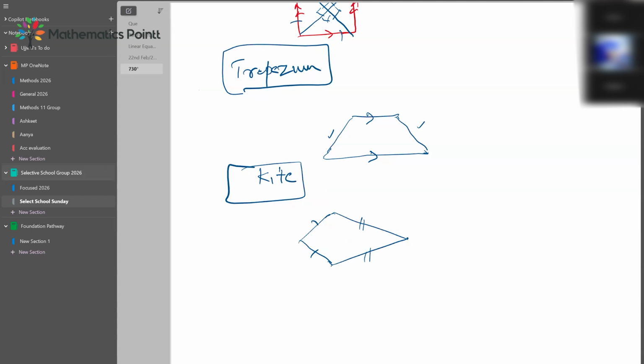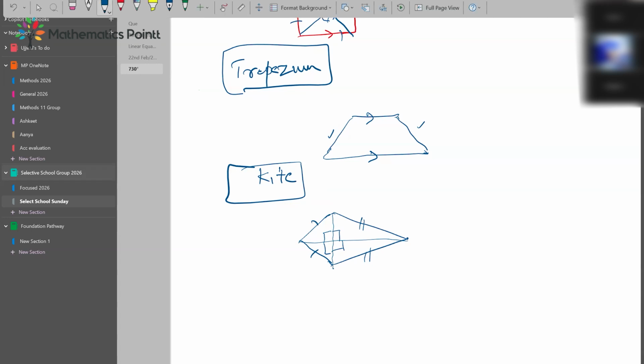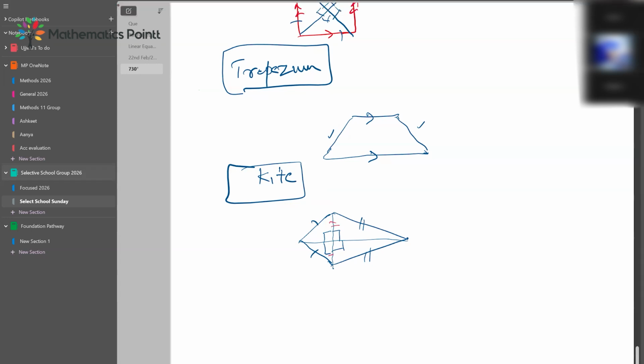The diagonals, if I draw them, cut at 90 degrees across each other. And another property, the shorter diagonal, when it is cut across, is divided into two equal parts, not the longer diagonal. So they are special quadrilaterals, kite and trapezium. All right, cool.